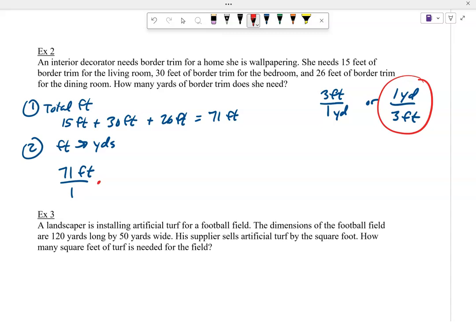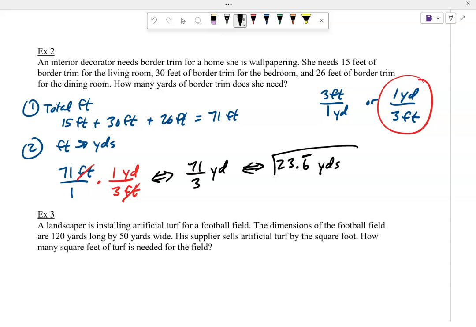So I'm going to multiply by 1 yard for every 3 feet. Notice my feet cancel. So we got 71 times 1 is 71. 1 times 3 is 3. And I'm in yards. All right, so we have 71 over 3, which is 23.6 repeated yards.